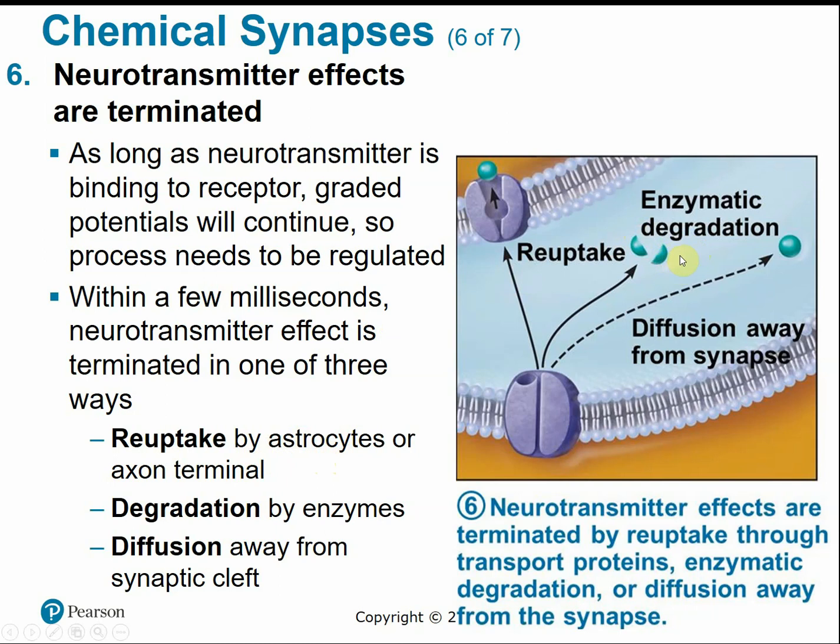In the case of acetylcholine with muscle contraction, the enzyme is called acetylcholinesterase, or AChE. It's going to break down that acetylcholine neurotransmitter to stop stimulating the muscle cell. And then finally, just simple diffusion. Given enough time, the neurotransmitter will just float away from that binding site.